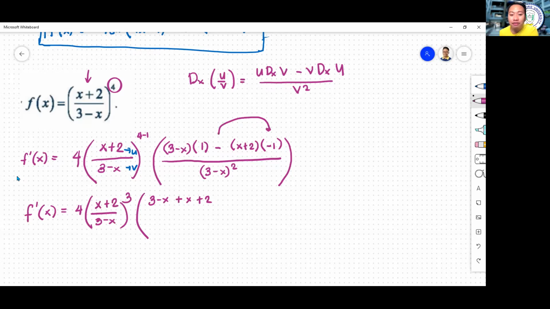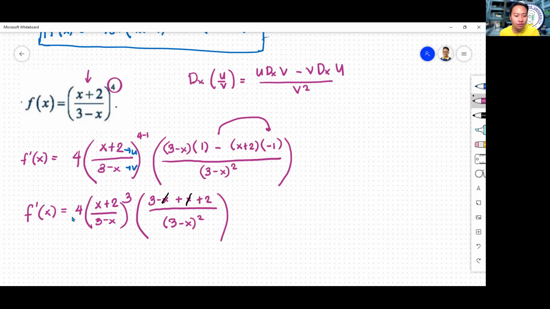And then removing the parentheses, you would get that over 3 minus x squared. We can cancel out the x, these things here, and this becomes 5.